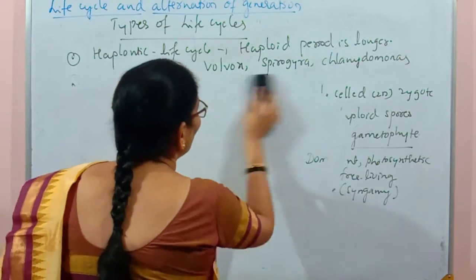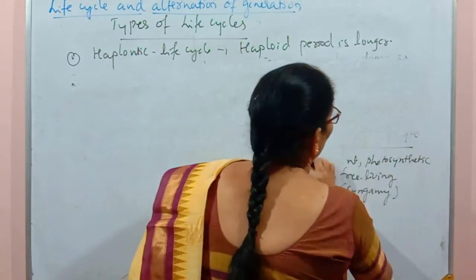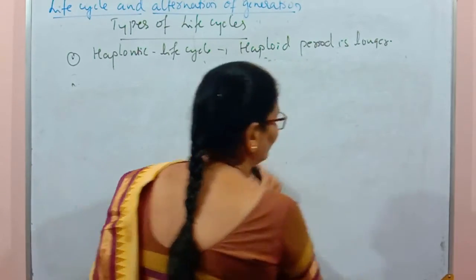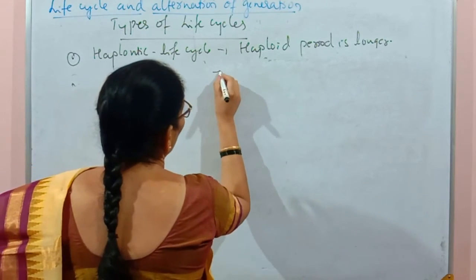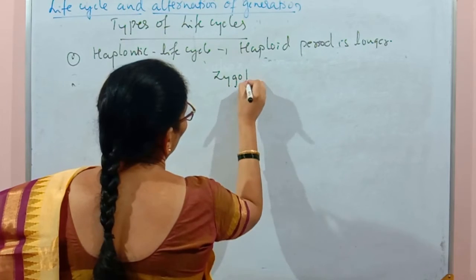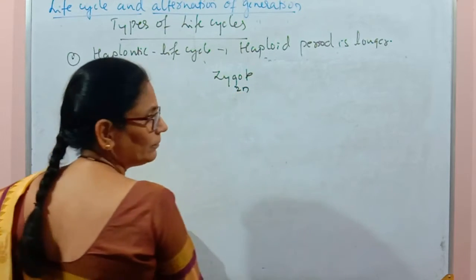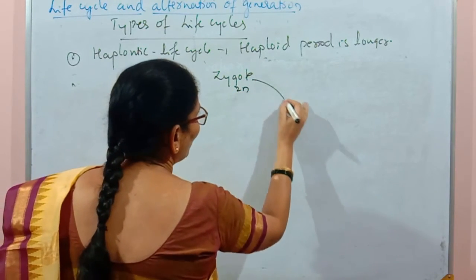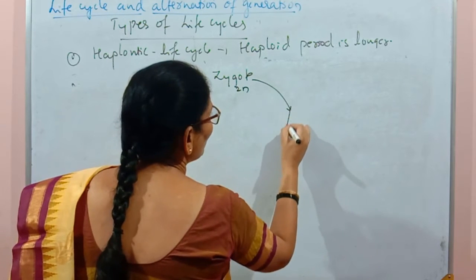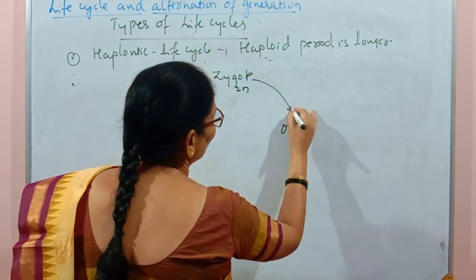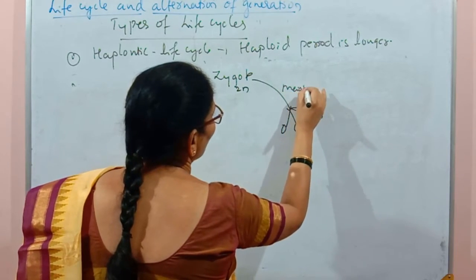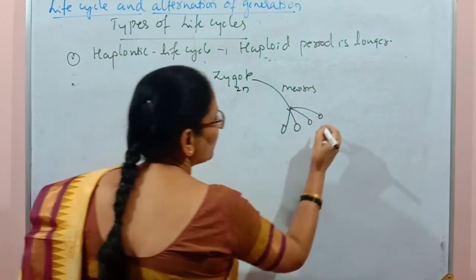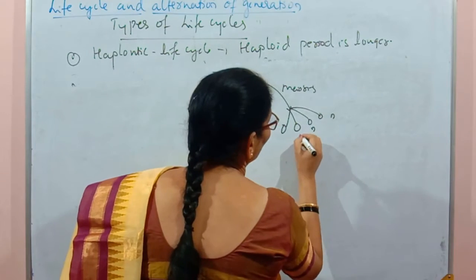We can draw the life cycle on the basis of these points. First we start with the zygote, which is diploid, and this zygote produces the 4 spores by the process called meiosis. These spores are haploid.